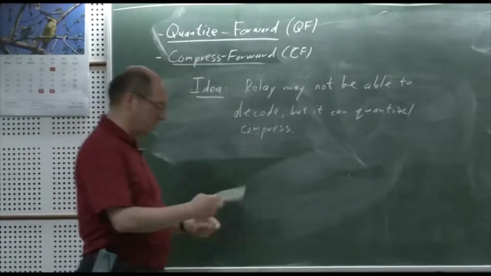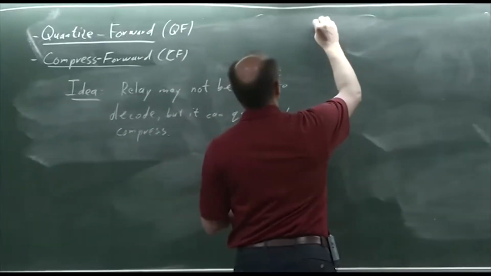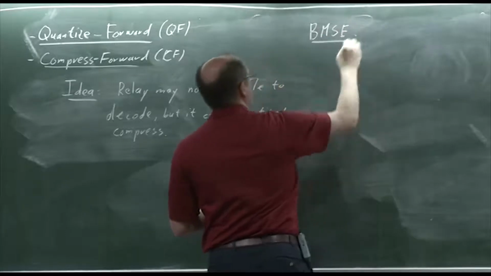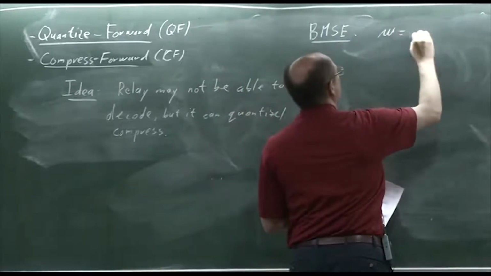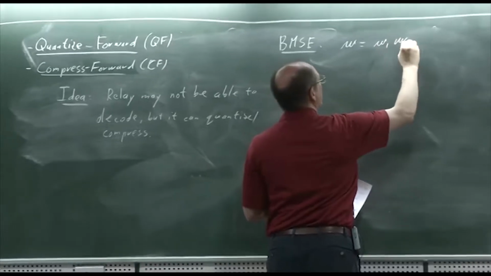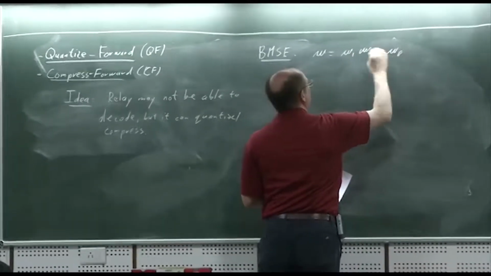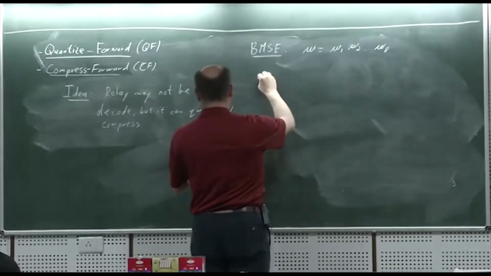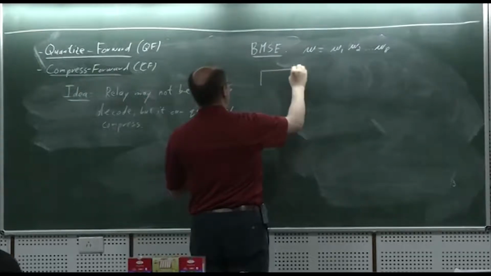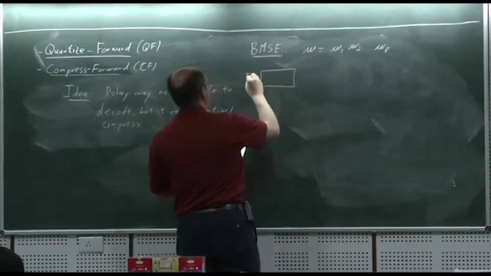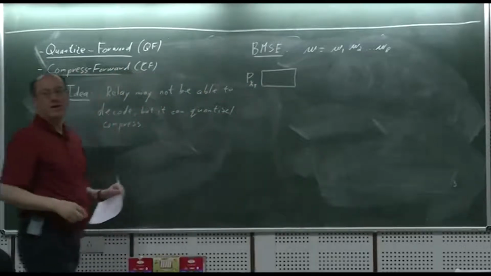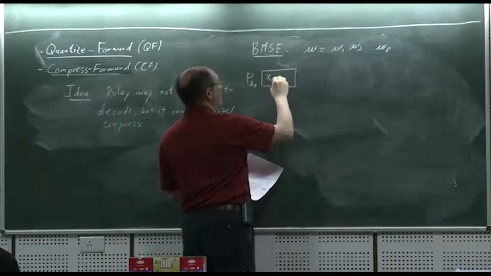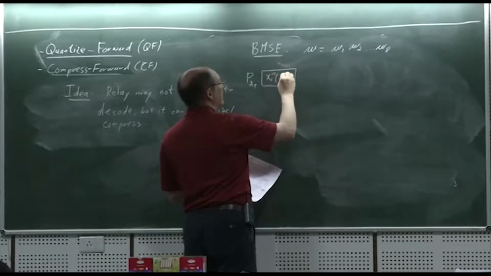So I'm going to choose a simpler version of this called Quantize Forward. We'll do block Markov superposition coding as before. We split message W into W1, W2, up to WB, B blocks, and we'll again transmit in B+1 blocks, B messages in B+1 blocks. So let me draw what's going on. The source terminal simply generates a codeword with just P_X1, and then just transmits its messages.